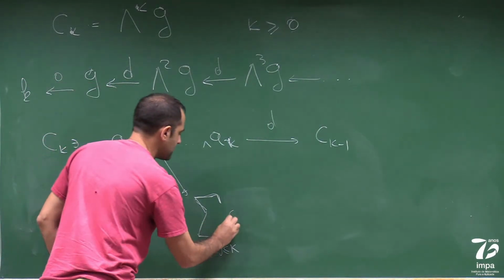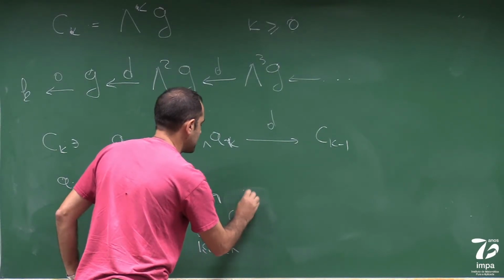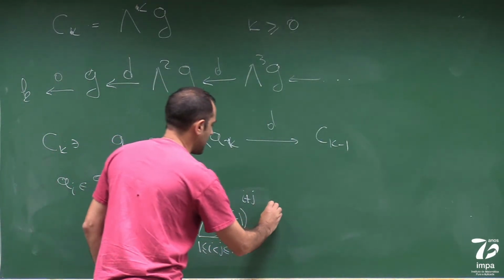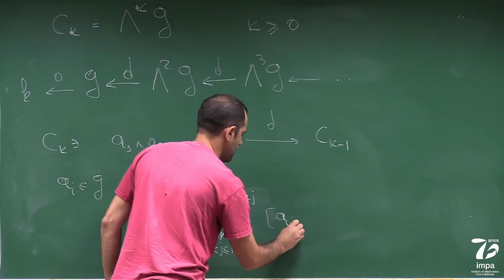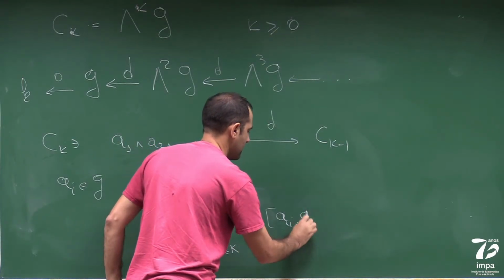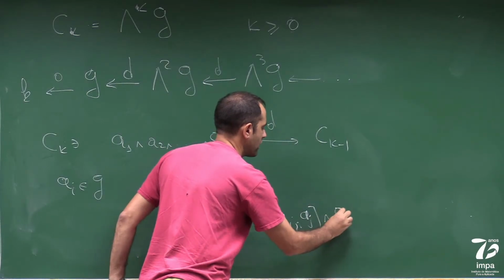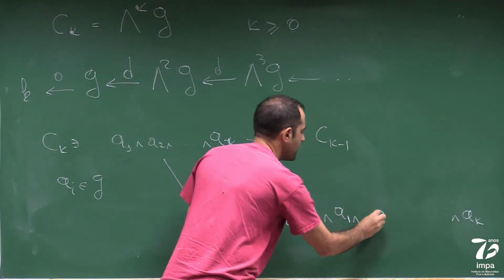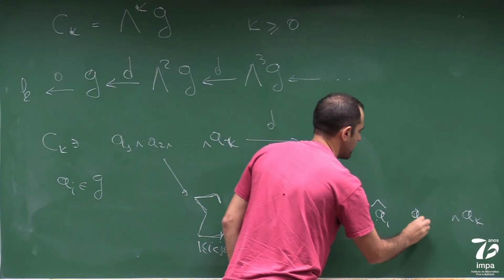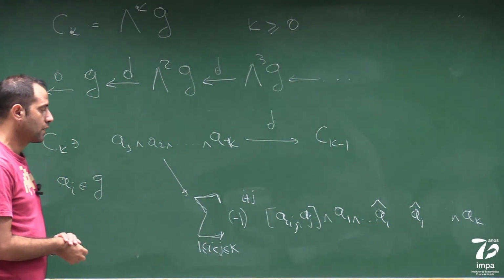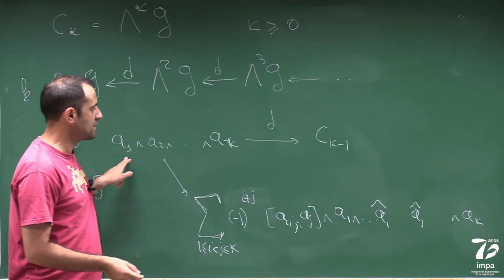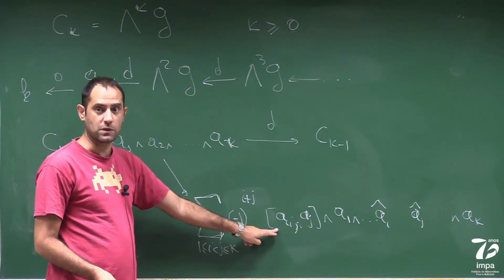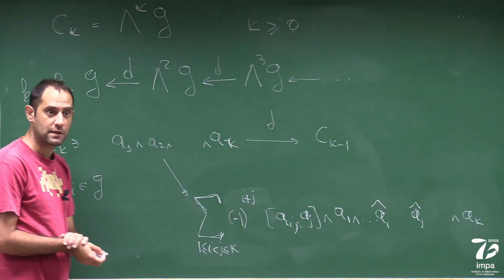And I'm just going to put a sign, and now I don't care about this sign, it doesn't matter if I add a plus or a minus 1. And then I'm going to take the bracket of Ai with Aj, and I'm going to take the wedge product with A1, ..., Ak, but here, at some point, Ai is not there, and Aj is not there. So out of these k elements, I've taken 2 of them, and I put this one element here, which is the bracket of those 2. So this wedge product has k minus 1 elements.